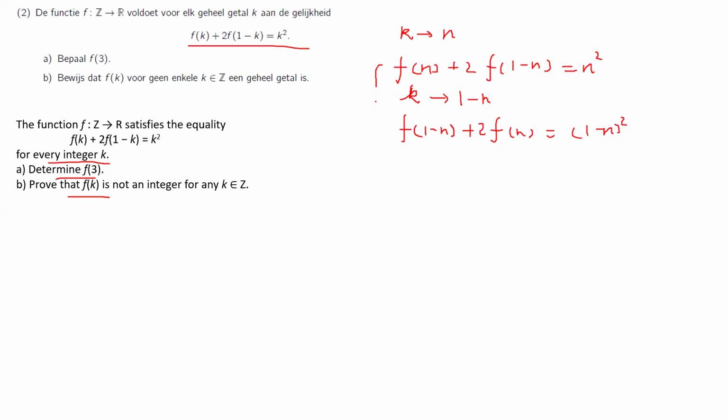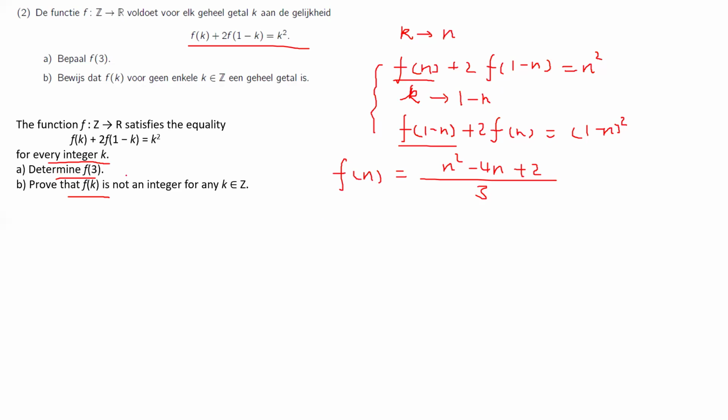So here we have a system of equations. We have two variables and two equations. The two variables are f(n) and f(1 minus n). So it's very easy to find the solution. f(n) equals (n squared minus 4n plus 2) over 3.